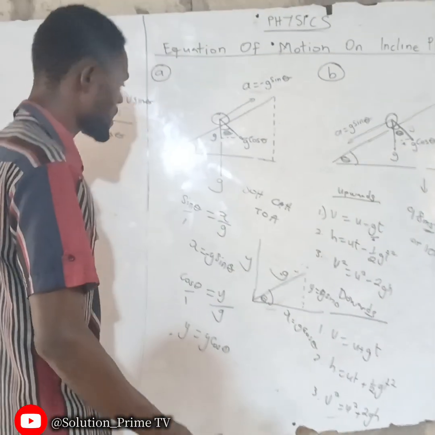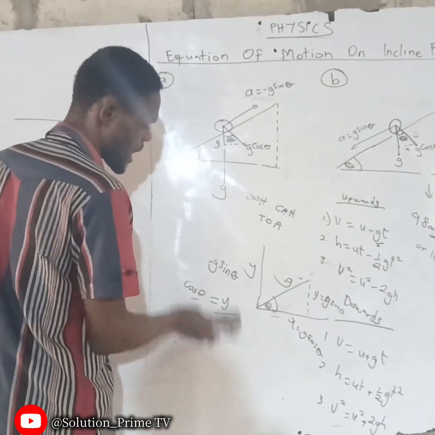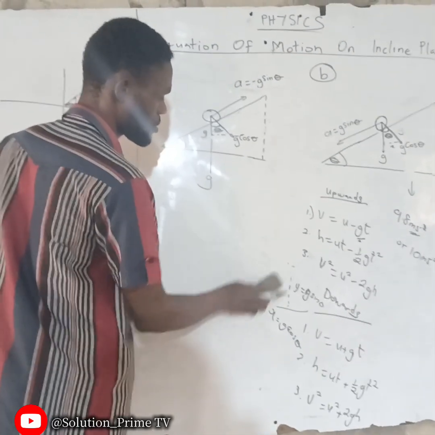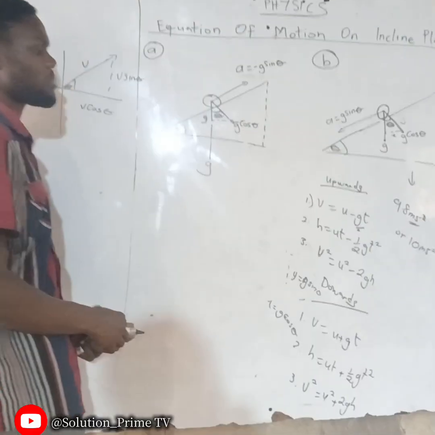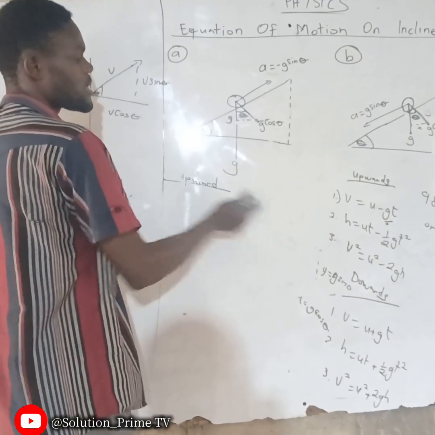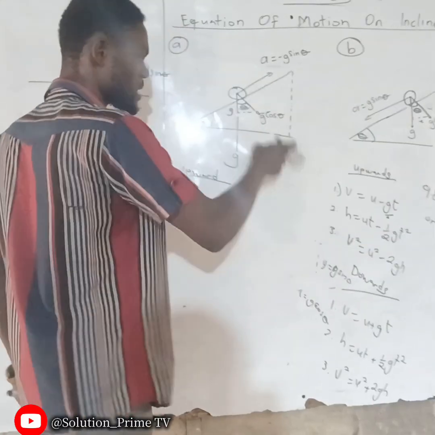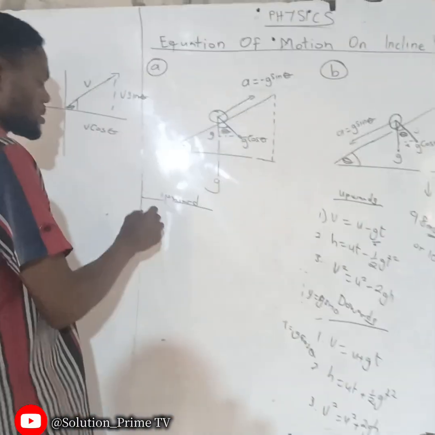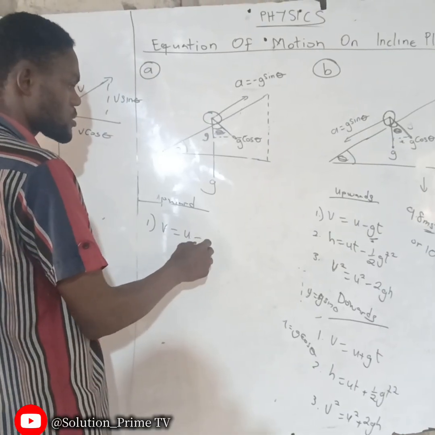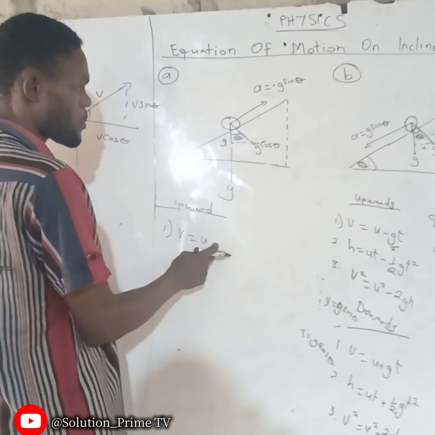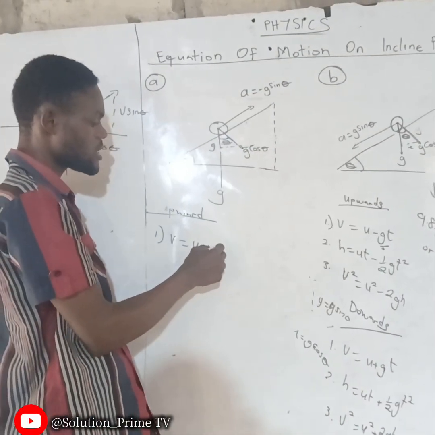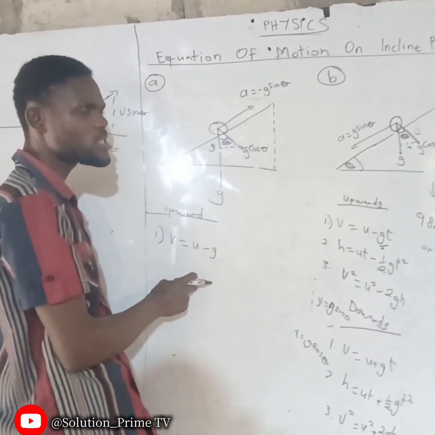Since we have the idea, we are going to apply the concept. So for upwards motion, v is equal to u minus g into t, where the elevation is minus g. What angle are we going to use?